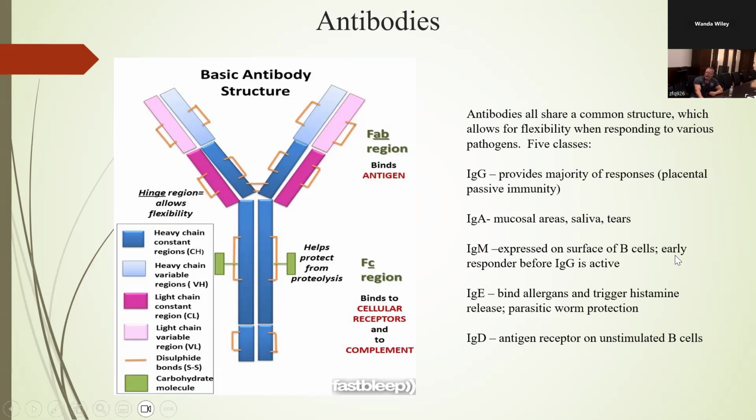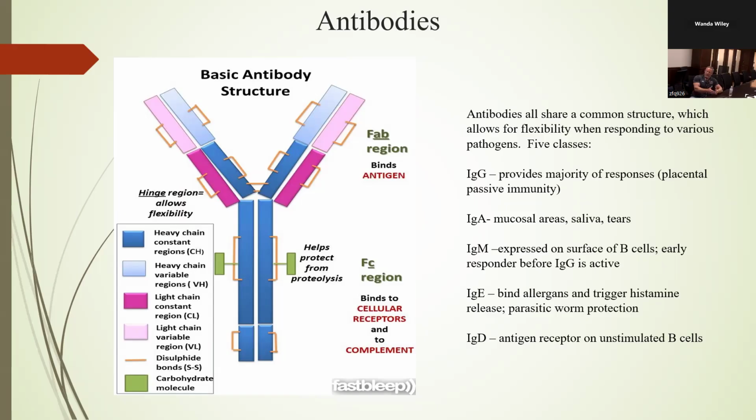IgG is the class of antibody that's present in the greatest concentration. Most of the antibody floating around in your body right now, if you pulled out all the antibodies in your body and looked at it as a pie chart, about half of the antibodies floating around in your body right now is IgG. And this gives you a broad level of protection against everything.